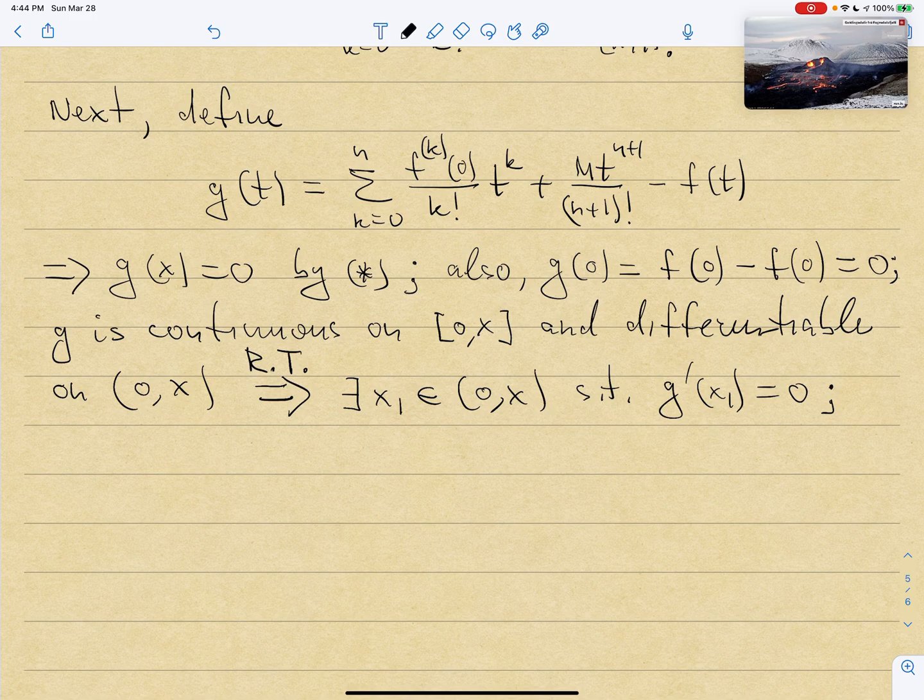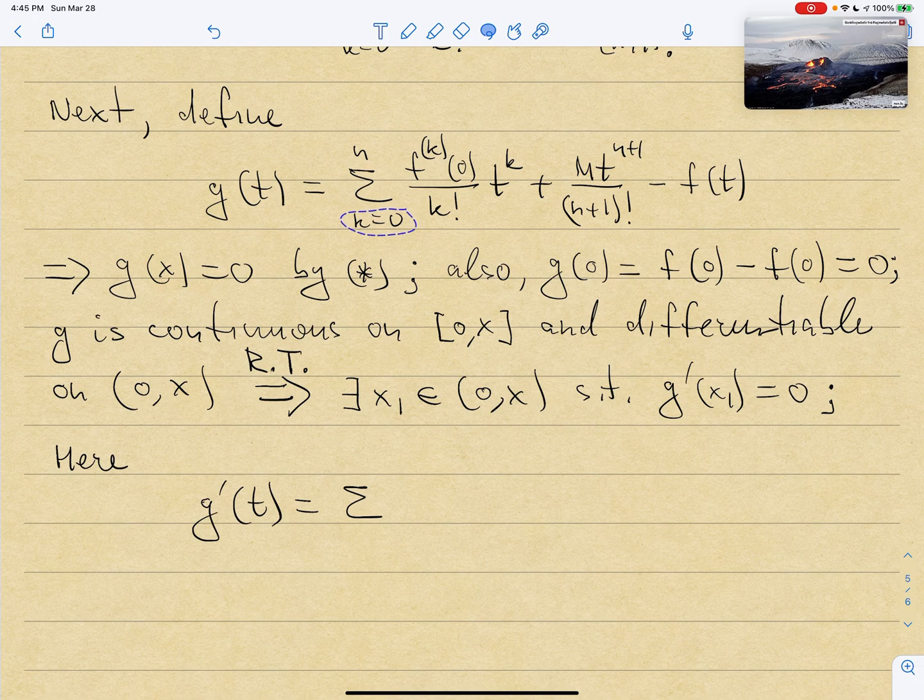So here, g prime of t is what? It's a sum. When I take a derivative of the first sum, k will come down. And when k comes down, it will then cancel the first term when k is equal to 0.